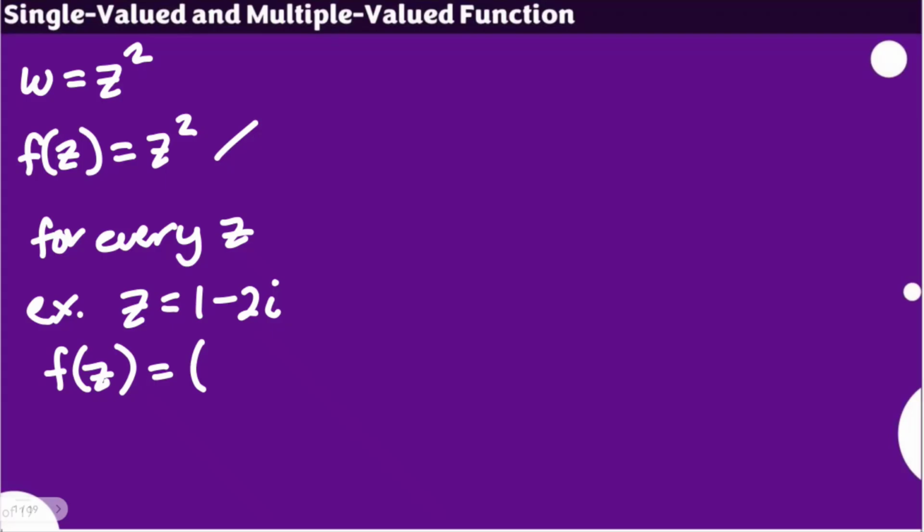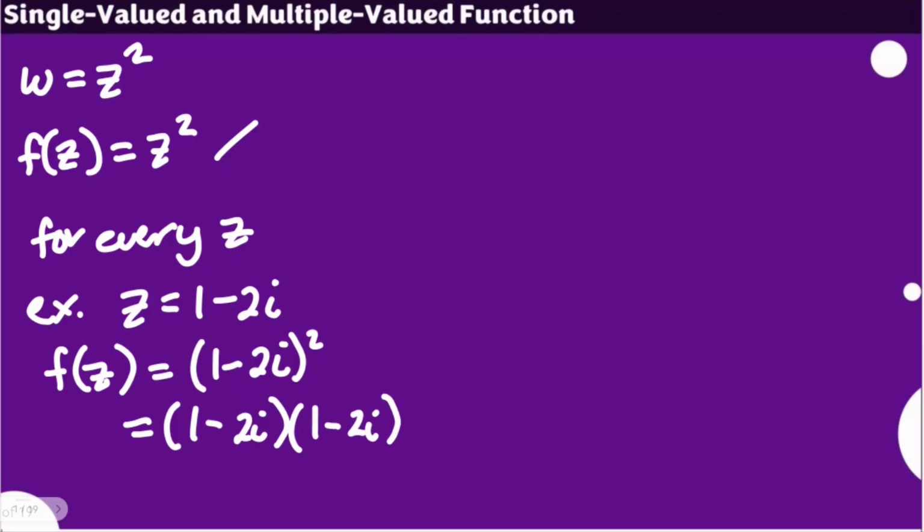So you will have (1 minus 2i) squared, which is actually the square of a binomial. Or if you would like to, you can write it in this manner: 1 minus 2i times 1 minus 2i. So you will get 1 times 1 is 1, minus 2i for the inner, minus 2i for the outer, and plus 4i squared.